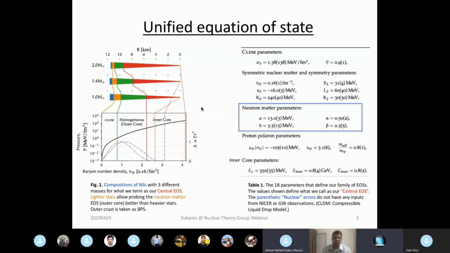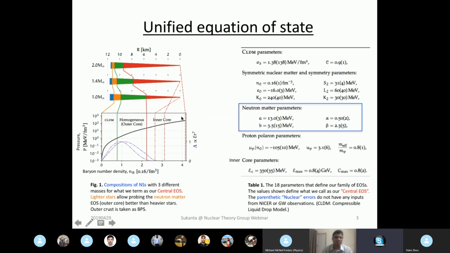Yeah, and just another, this might be a very foolish question. I mean, usually in the kind of equation of states I have used so far, I do not discriminate the inner core and the outer core. I mean, beta equilibrated matter goes all the way up to the center of the nucleus. Okay.